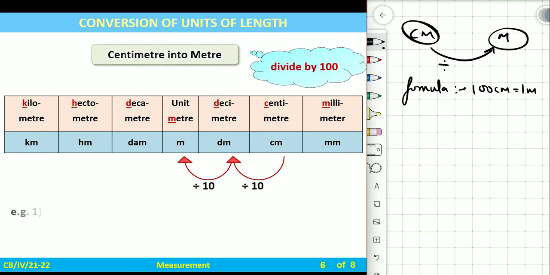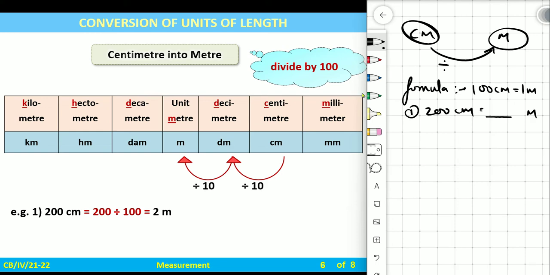Example 1. 200 centimeter is equal to dash meter. We have to use the formula: 100 centimeter is equal to 1 meter. So 200 centimeter is 2 meter.